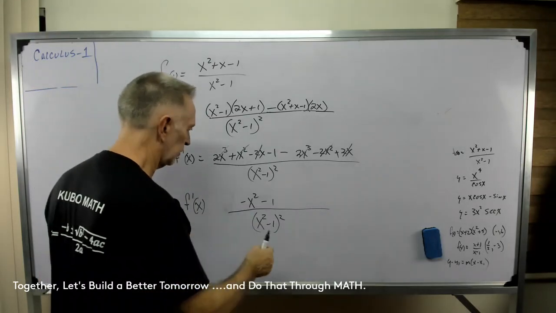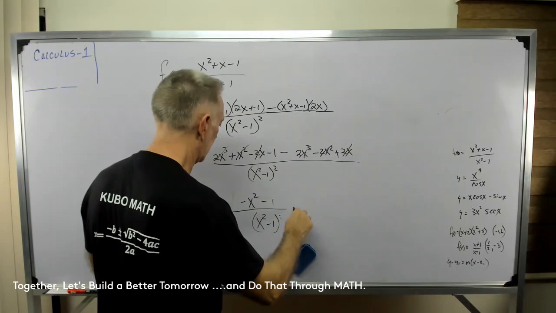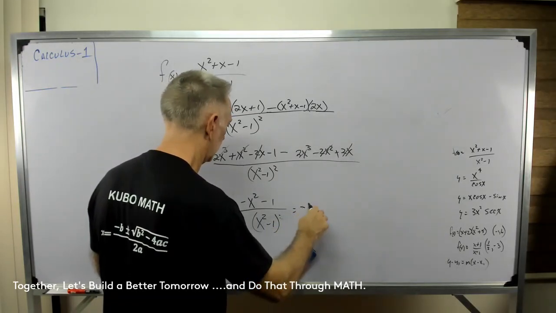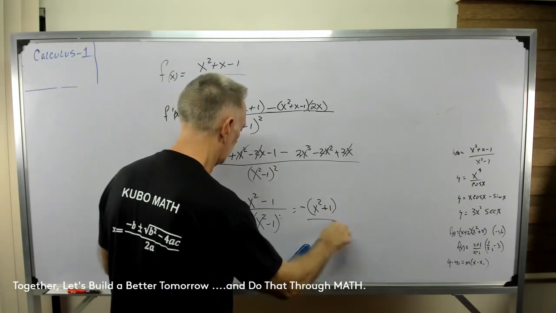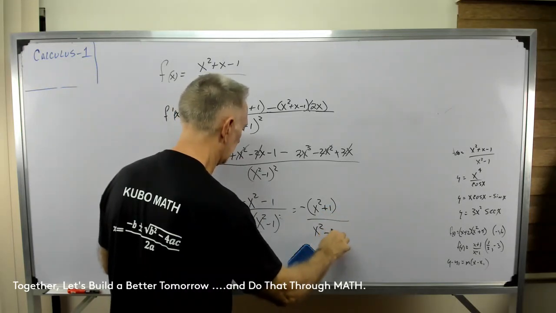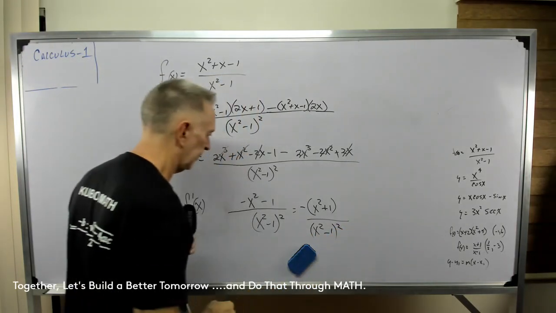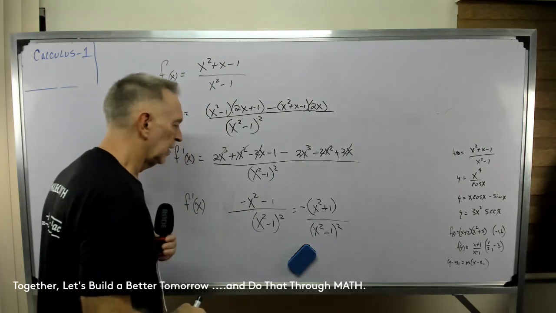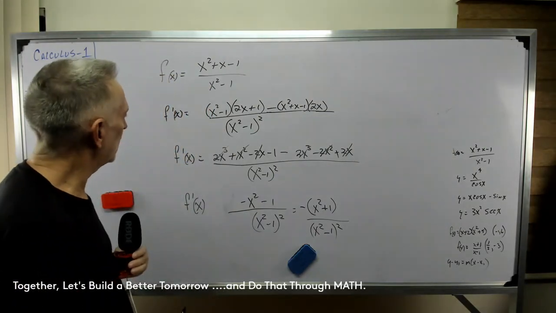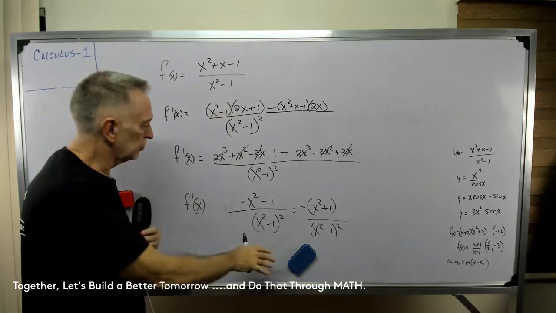Of course, if we wanted to, we could factor the negative out. So negative x squared plus 1 over x squared minus 1, that should be squared. So negative x squared plus 1 over x squared minus 1 squared. There you go. So that would be using the quotient rule to solve that.